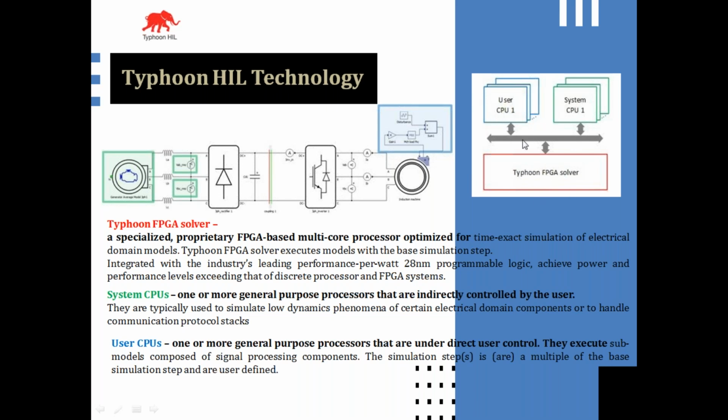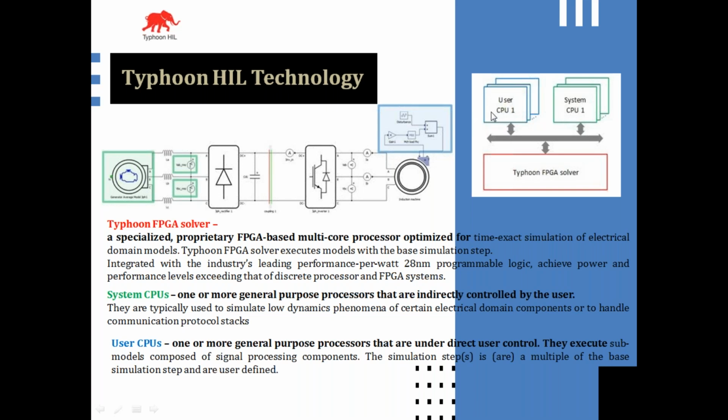But here we are using two CPUs also, one is the user CPU and the other is the system CPU. The system CPU is one or more general purpose processors that are indirectly controlled by the user. Actually, these are used to simulate the slow dynamics phenomena of certain electrical domain components, or to handle the communication protocols and stacks.